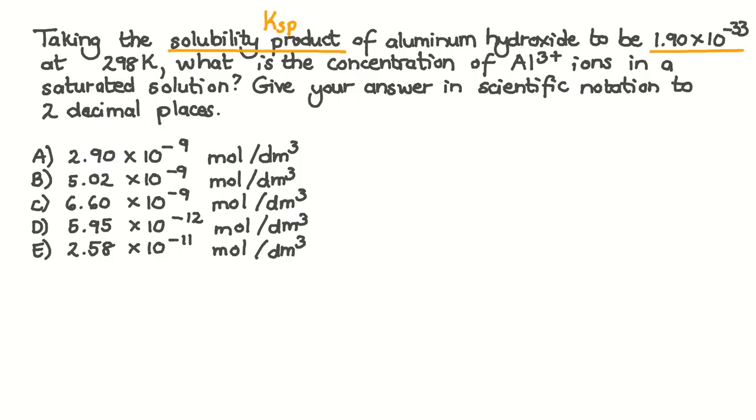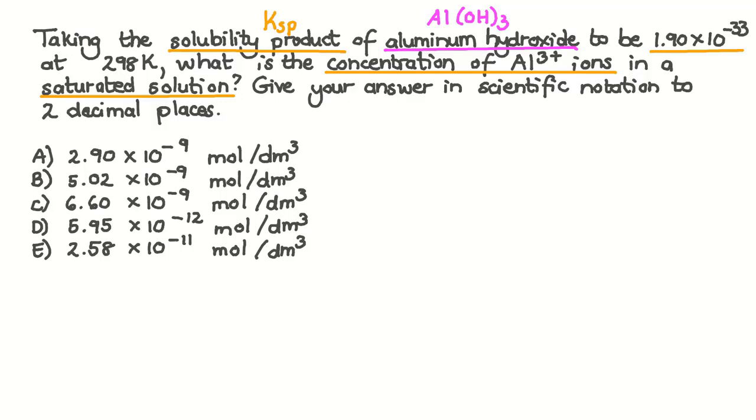We are given a solubility product or KSP value of 1.9 times 10 to the negative 33. This is for aluminum hydroxide or Al(OH)3. And we're asked to find the concentration of aluminum 3+ ions in a saturated solution.